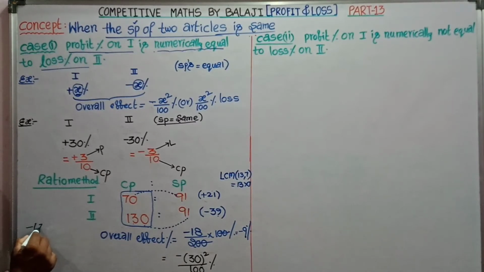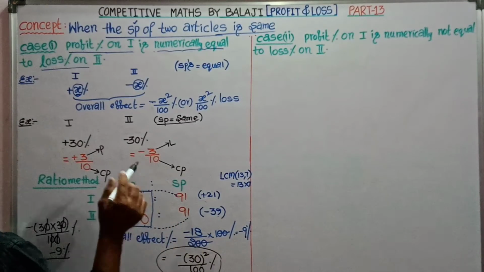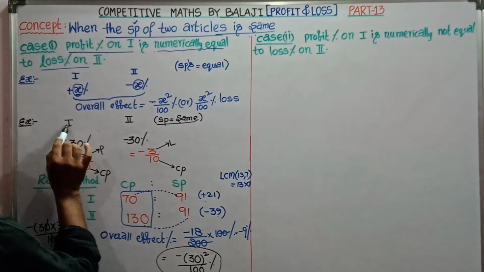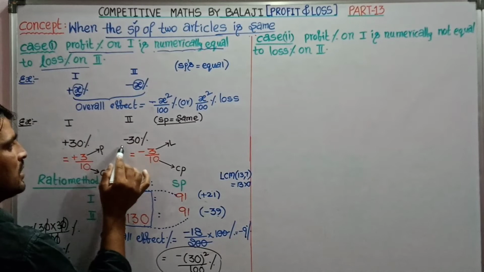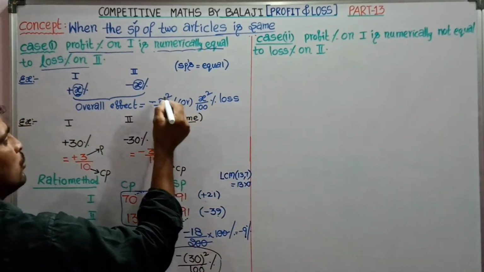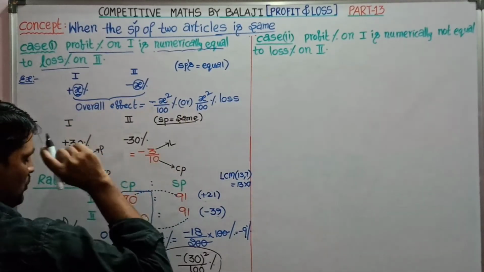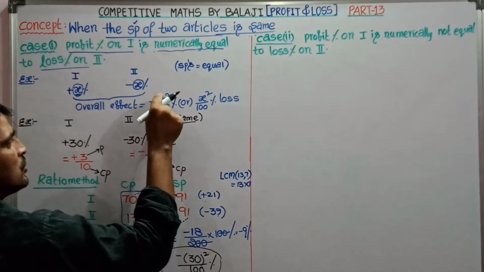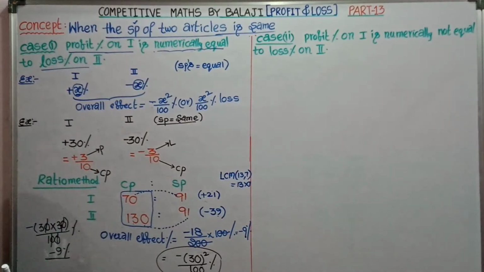Minus of 30 into 30 by 100 percent, two zeros cut, 3 threes are 9, that is minus 9% loss. So when the profit percentage on the first article is numerically equal to the loss percentage on the second article, we always get a loss equal to x square by 100%. This is the proof of case 1.